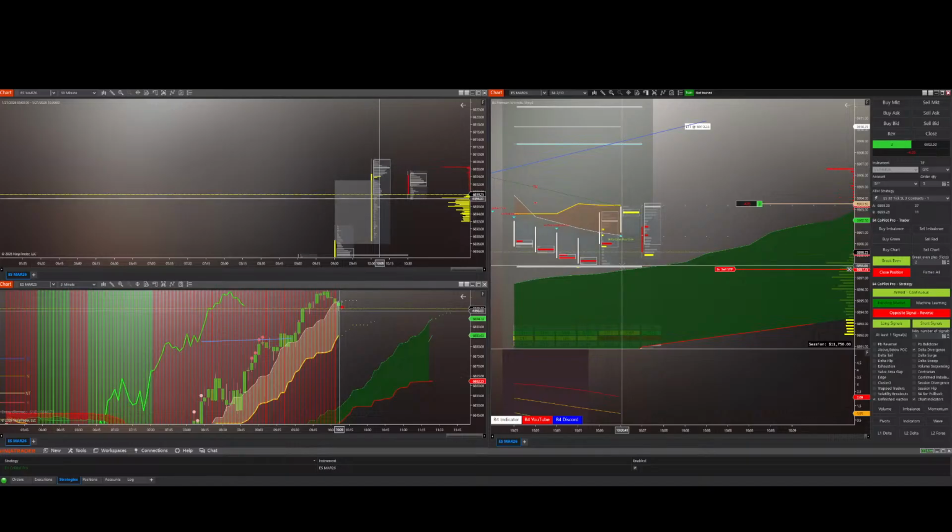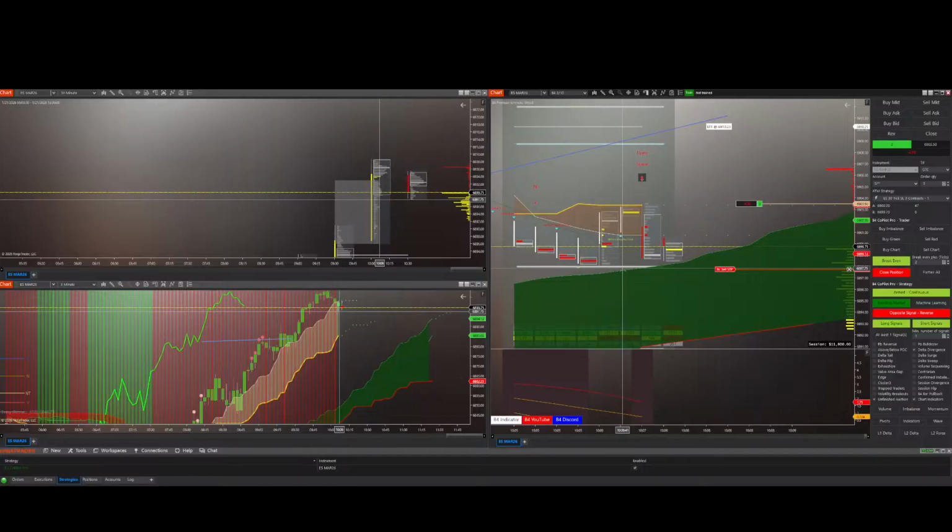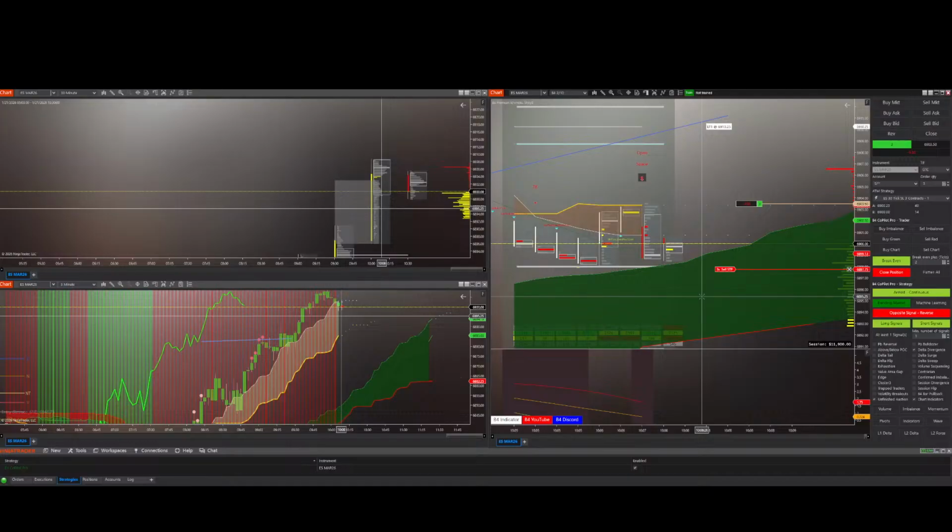If it breaks below that line and breaks below the cloud, it's probably going to go bearish. This line is a volatility adjusted virgin point of control.